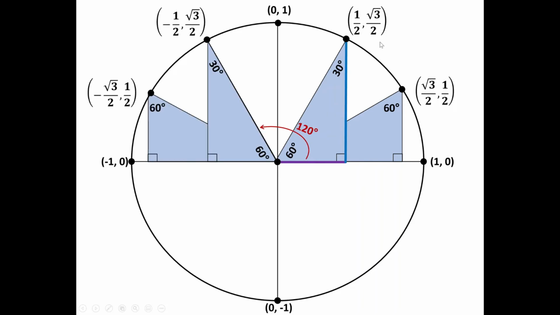And now if we move over to quadrant 2, I've just taken these triangles and I've flipped them across the y-axis. So I could show you that if I added, I have my 90-degree angle measure. If I added 30 more degrees, and then if I added 30 more degrees, I'd be right here. That total is 120 degrees. How do I get to this ordered pair up here? I'm going to go out to the left 1/2 and up the square root of 3 over 2.